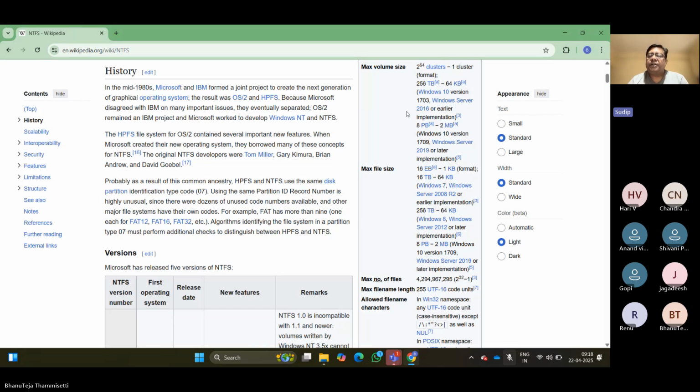If it is Windows Server 2019 or later, then the same NTFS file system can go up to 8 petabytes. Can you see the huge difference? Where is 256 terabytes and where is 8 petabytes? Huge, multifold improvement.